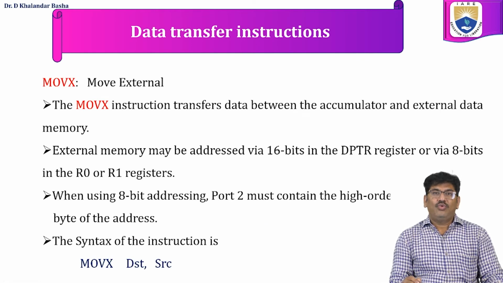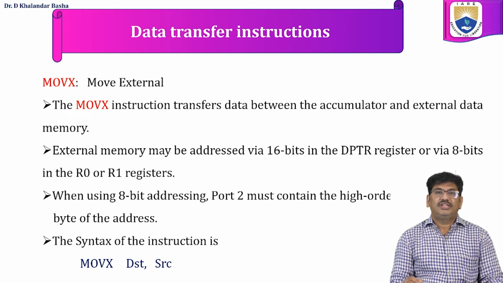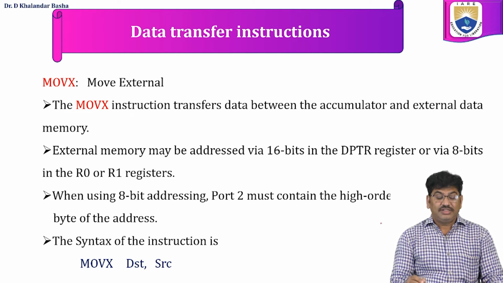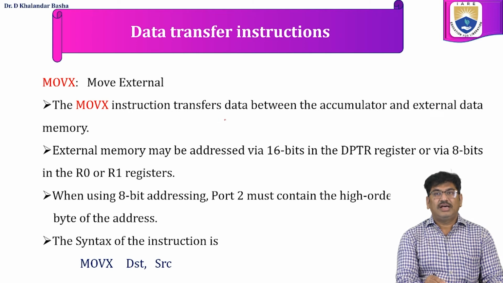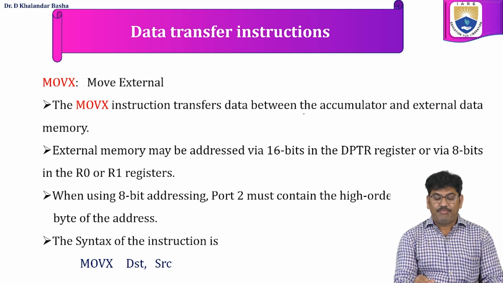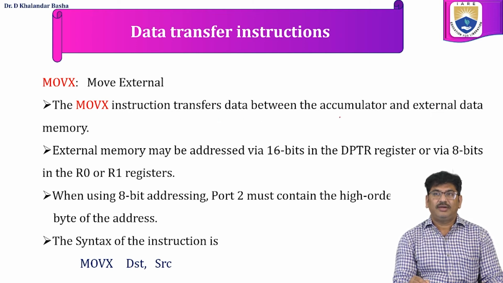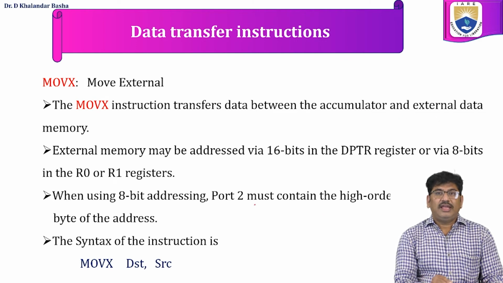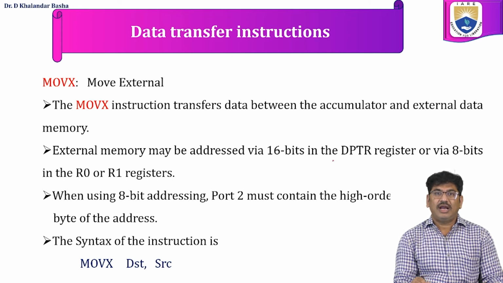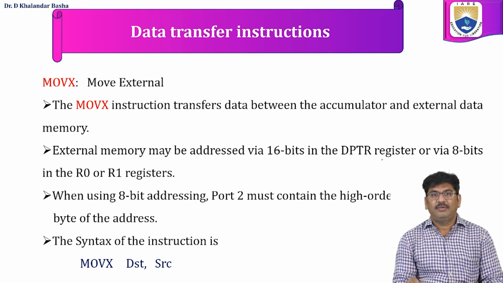Next one is the MOVX instruction, which is move external. The MOVX instruction transfers data between the accumulator and the external memory. The external memory may be addressed via a 16-bit address using DPTR, or the address size may be 8 bits.